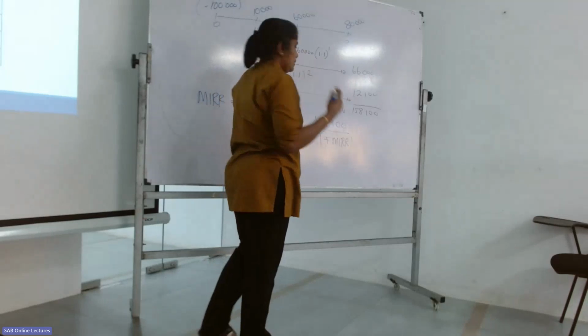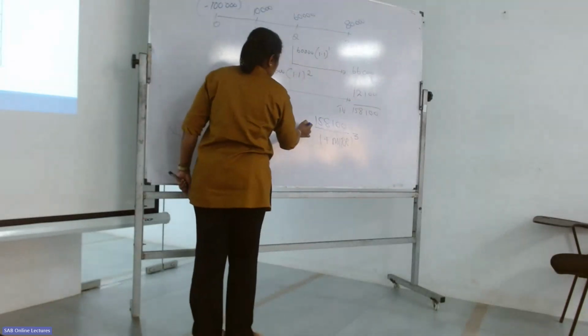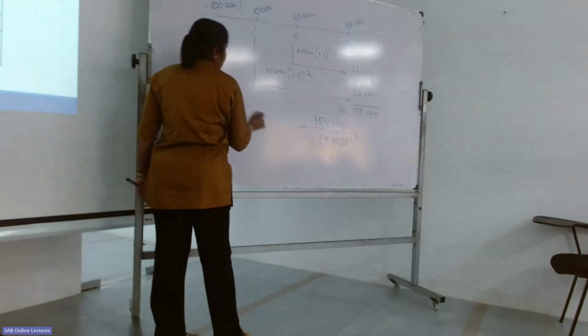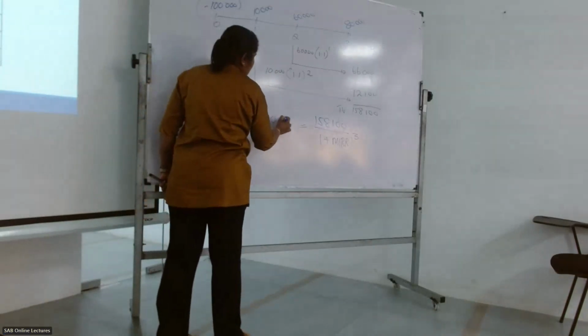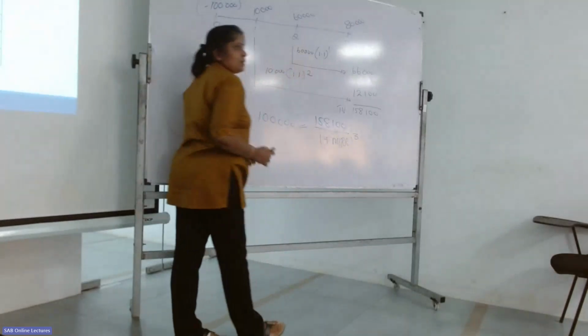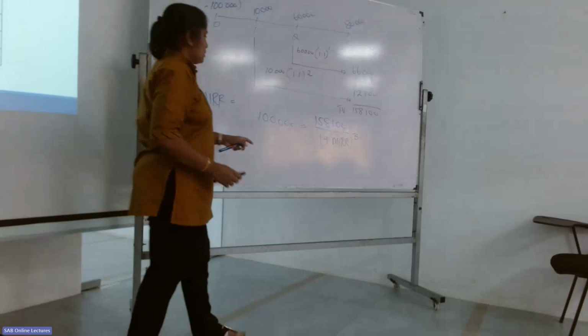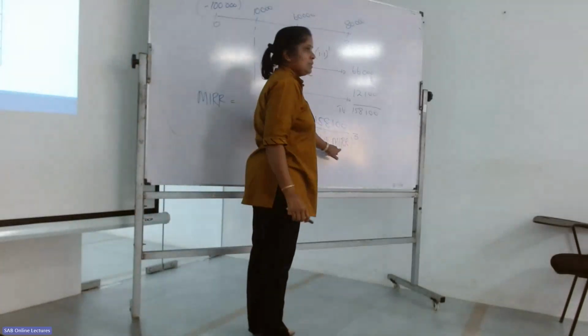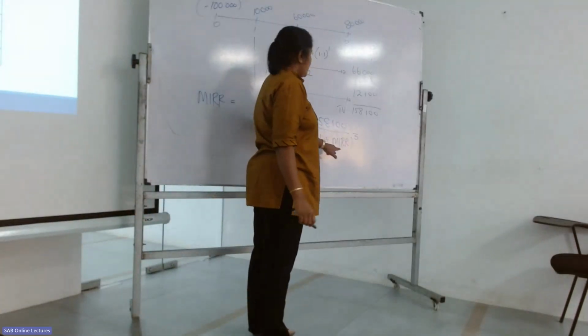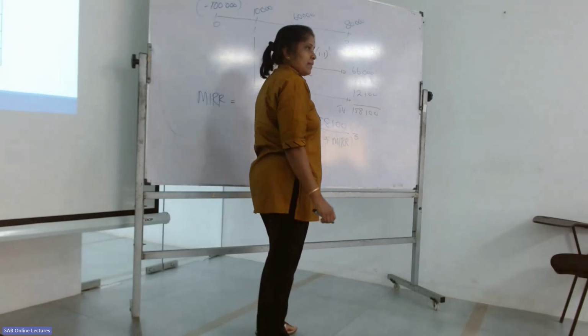The project is 3 years, so we discount for 3 years. The cost of the project is 100,000. So when it equals that, this discount factor is the modified internal rate of return. You have to solve this formula for this discount factor.